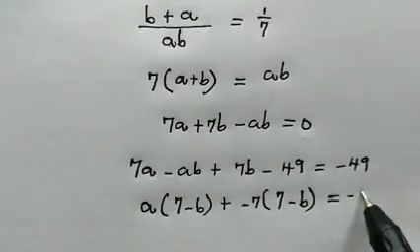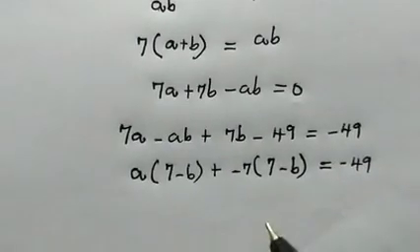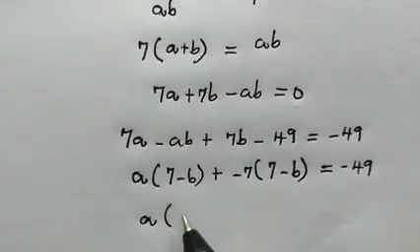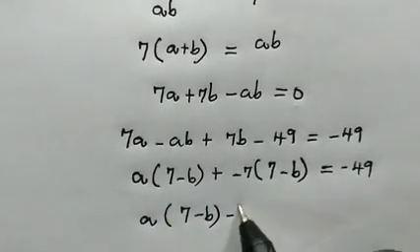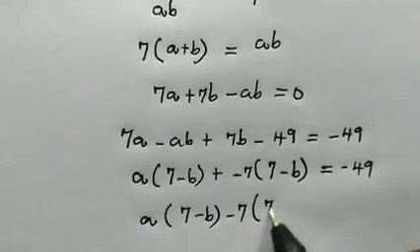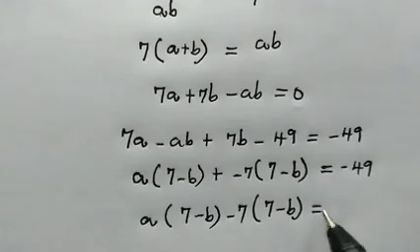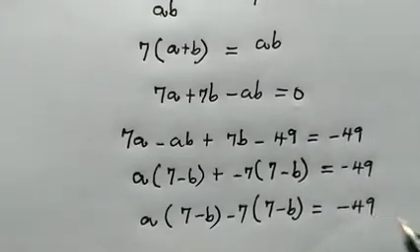Then this is equal to negative 49. Simplifying, a into bracket 7 minus b, here plus times minus is minus 7, then 7 minus b. This is equal to negative 49.